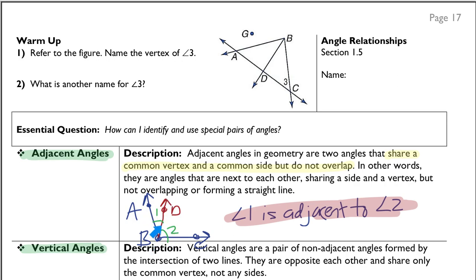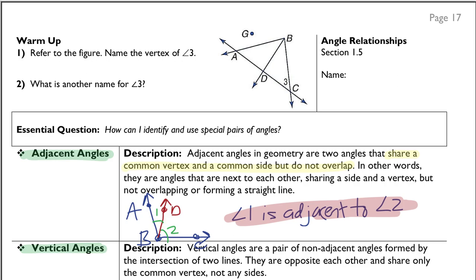They have this common side, this red side. If you think about a neighbor, or a brother or sister in a bedroom adjacent to yours, they're in the room just next to yours. It's not across the hallway, but the door just over to the right or left of your door.